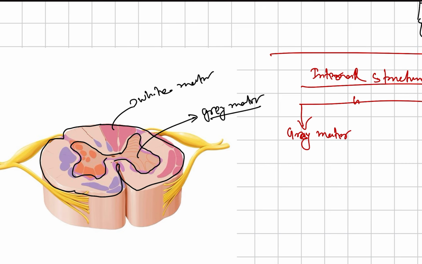Gray matter is like nuclei. The white matter is due to axons that are highly myelinated; due to the high myelination, it looks white. And this is due to nuclei or dendrites; it looks gray.